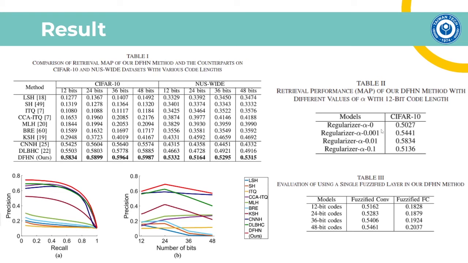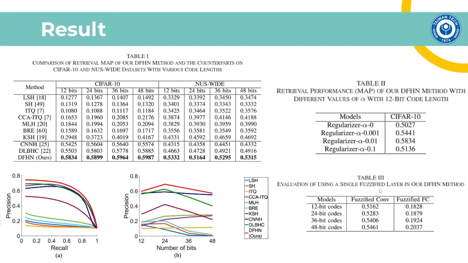Based on that alpha value, we can see that 0.01 has a higher result in the CIFAR10 performance. So they use alpha 0.01 in all of these testing.